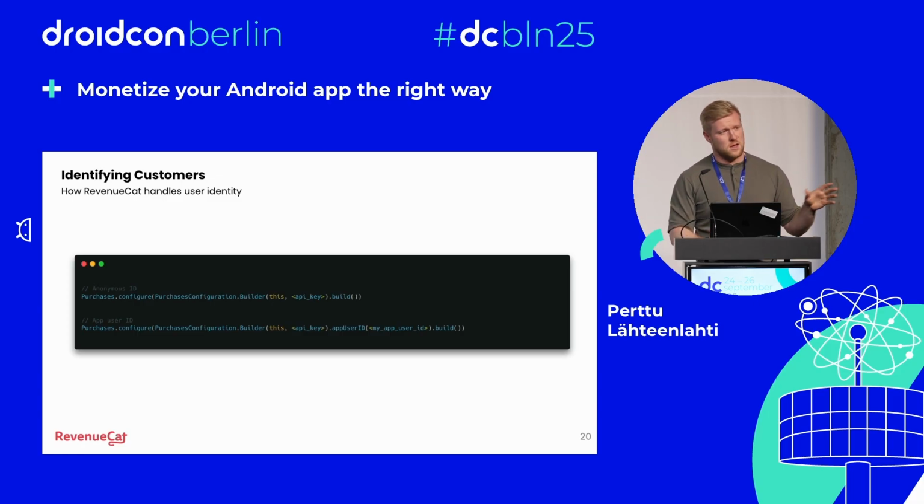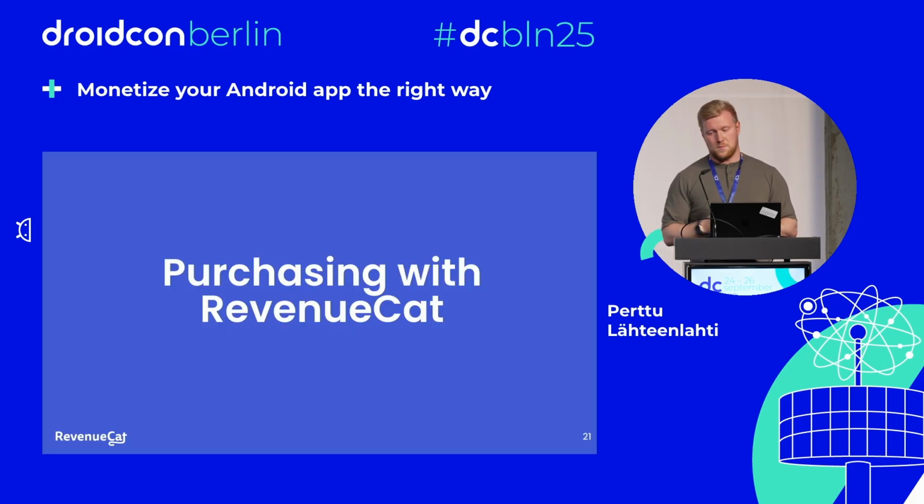And you don't have to take care of it if they now change phone, or they start using your app on web, for example, because we have an SDK for that as well. You can just call the customer info and check that, okay, this user is this user and they are eligible for these purchases. So, that's initializing.